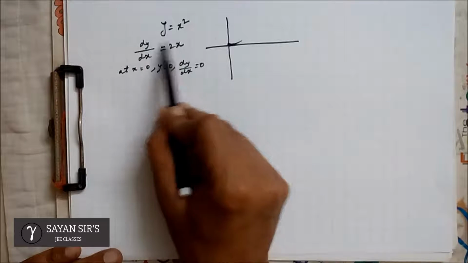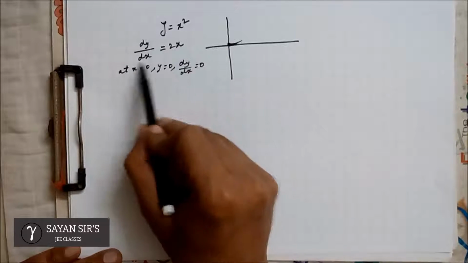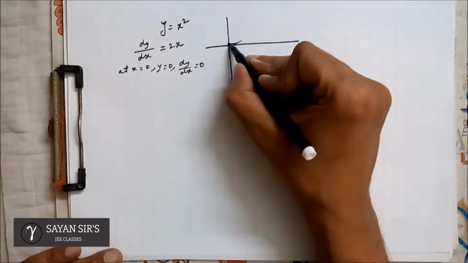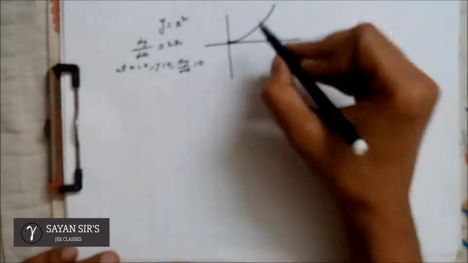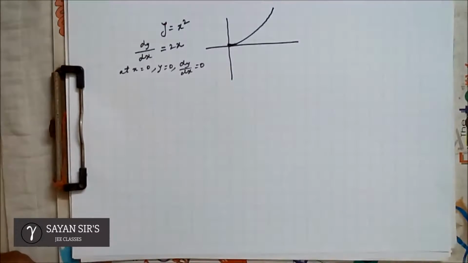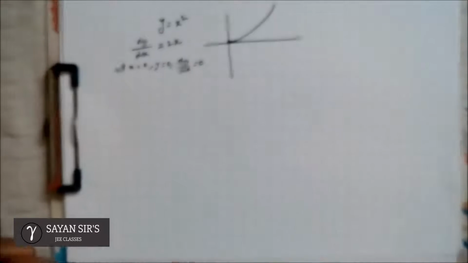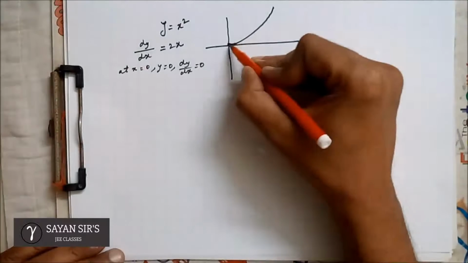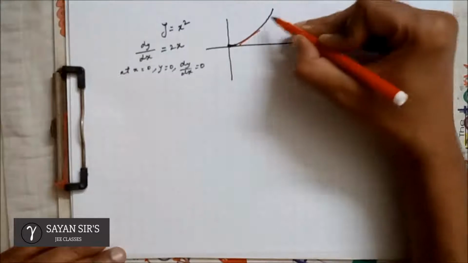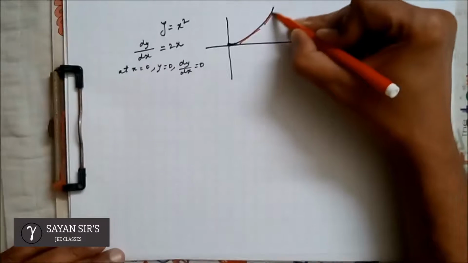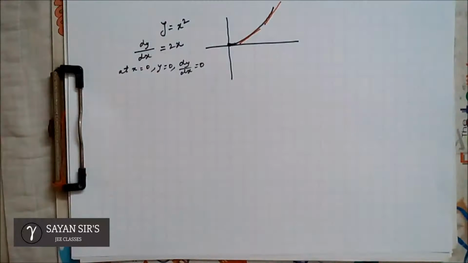Also from here we can see that as x increases, the slope also increases. So the graph becomes somewhat like so. As we keep increasing x, obviously y is increasing, but also the slope is increasing. So the slope keeps on increasing as we keep increasing x.